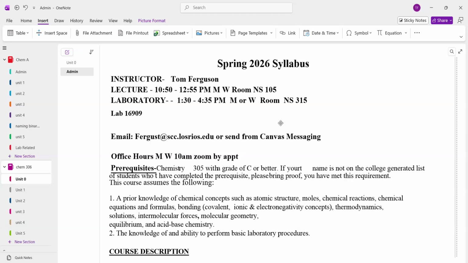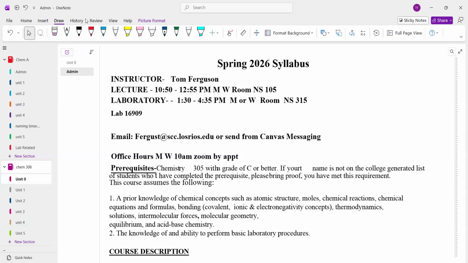If you would like to text me, I can be texted, and I check my texts constantly. So that's a good way if you want a quick answer.